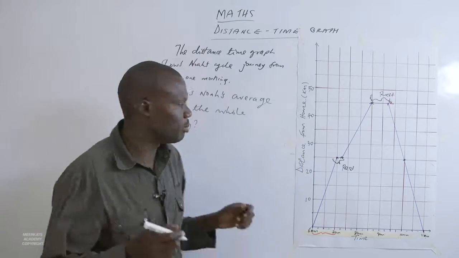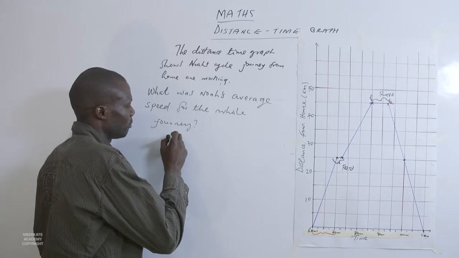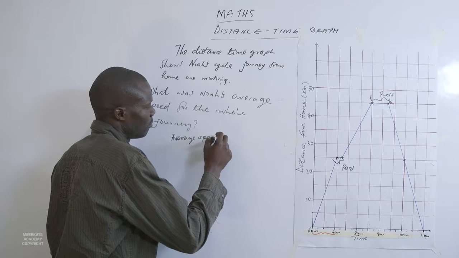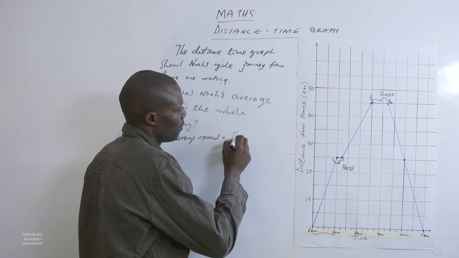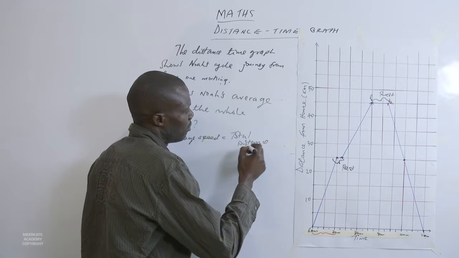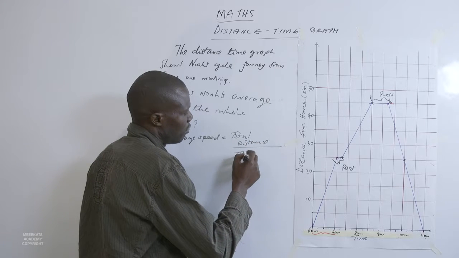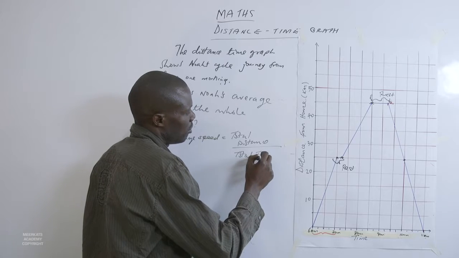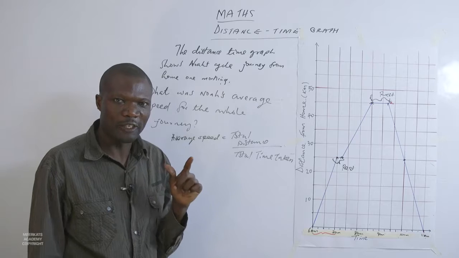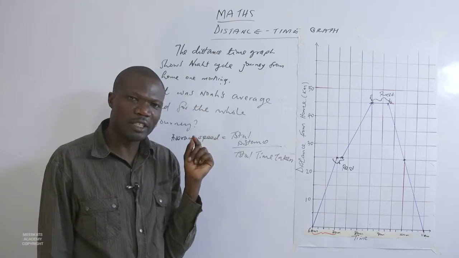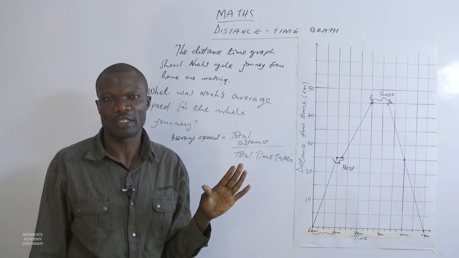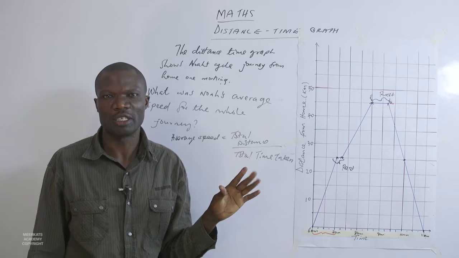So the average speed is total distance over total time taken. Strictly that. No compromise on this.